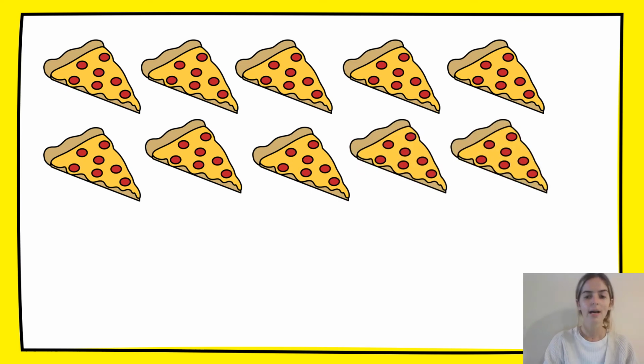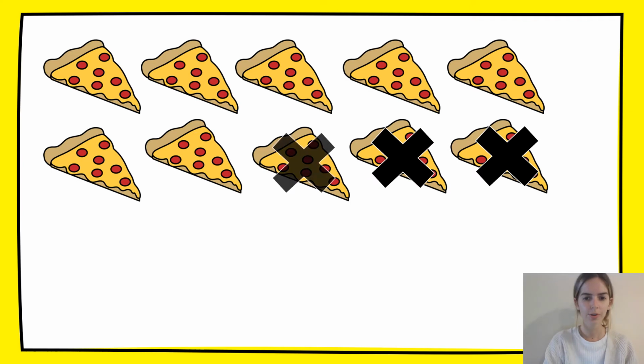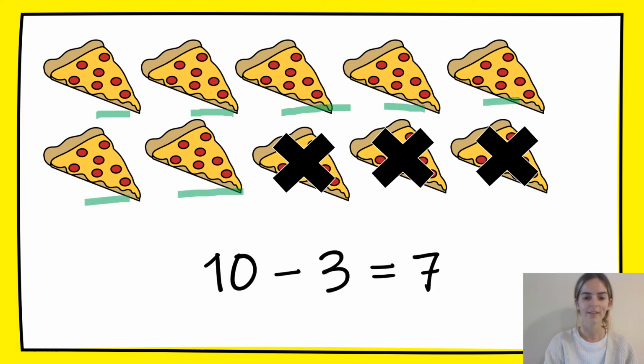And remember, we've eaten 3, so let's take those away. 1, 2, 3. Now, how many am I left with? 7. Great job. Let's just count them to be sure. 1, 2, 3, 4, 5, 6, 7. So 10 take away 3 equals 7.